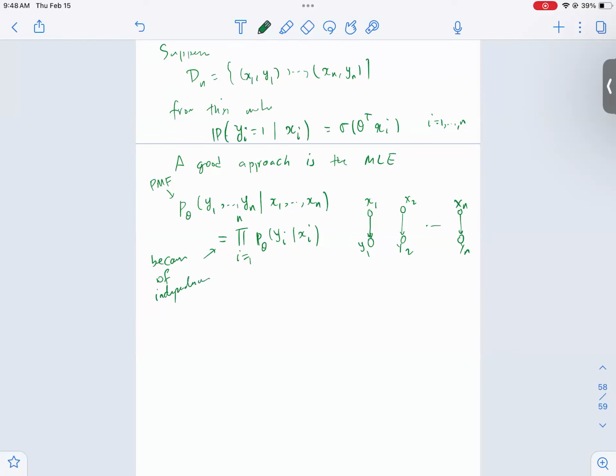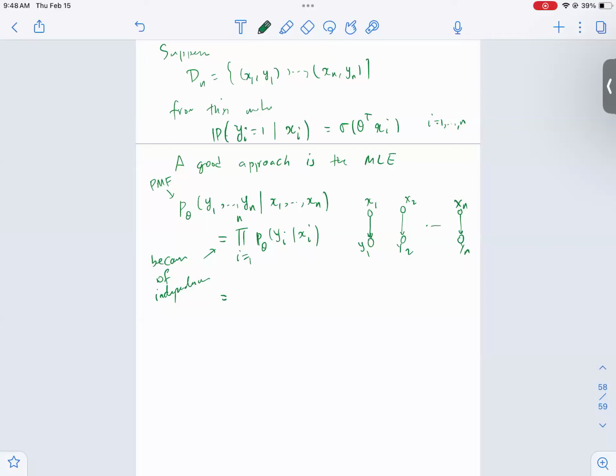They're actually not IID. The yi's are not identically distributed, but they're independent. The reason they're not identically distributed is that the x's are different, and the probability of yi being equal to 1 depends on xi. So the probability changes for different x. They're independent, conditionally. Sorry, the pairs are IID, but once I condition on the x's, things are still independent, but not IID.